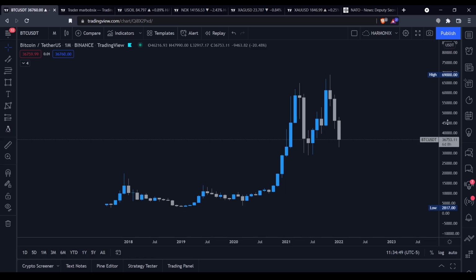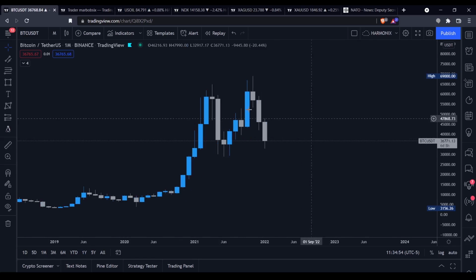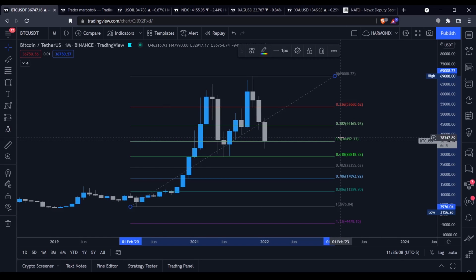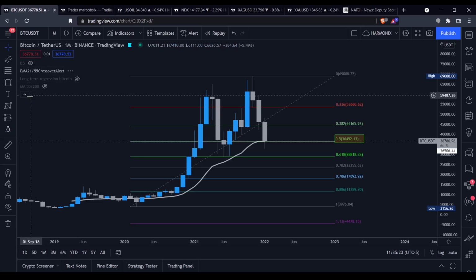Now, if we move into the monthly time frame, most of you know that we have 6 days and 8 hours left to print another bearish engulfing candle, depending on where the market closes. If we use a Fibonacci retracement tool, we can see that so far Bitcoin has found support at the 50% retracement from the swing low to the swing high, from the major swing low of March 2020 to the recent highs at 69,000.